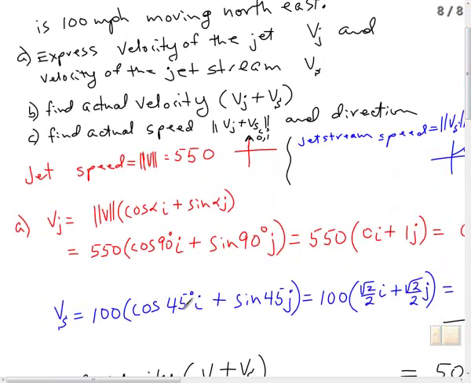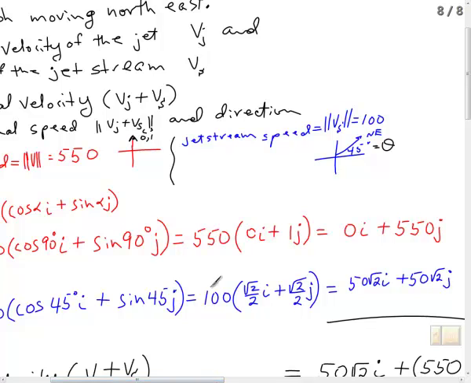And so cosine 45 would be square root 2 over 2, i, plus sine 45 degrees, that would be square root 2 over 2, j. And we're multiplying all that times our speed of the jet stream, which is 100. Alright, now we're going to distribute that 100. And so 100, if we divide into 2, can cancel, and that's 50.